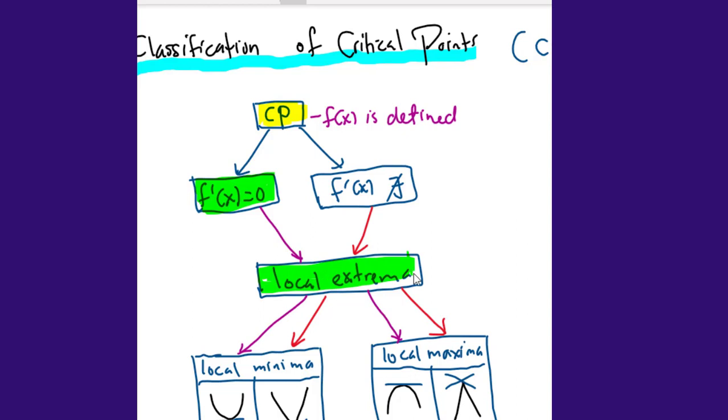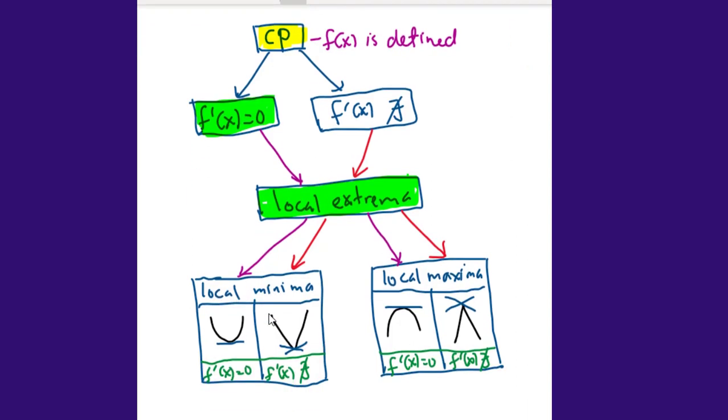In your syllabus you have already discussed local minimum or local maximum; the rest is not in your syllabus. For f prime of x equal to 0, a local minimum looks like a smiling graph, and a local maximum looks like an inverted graph.